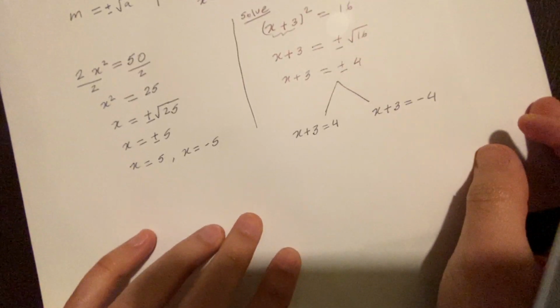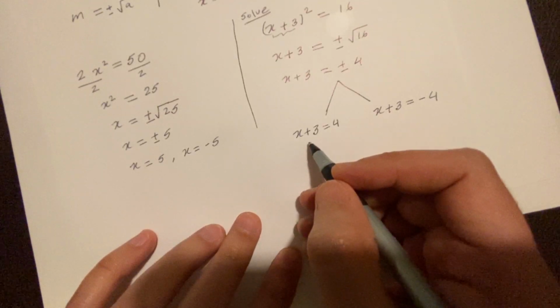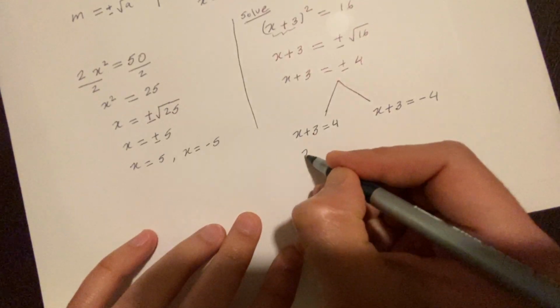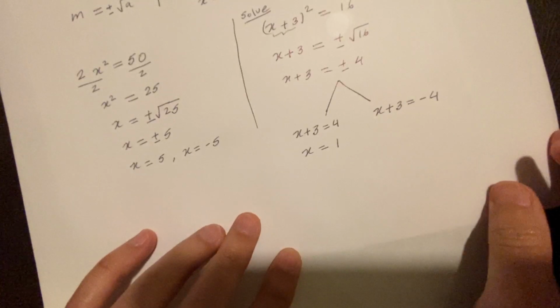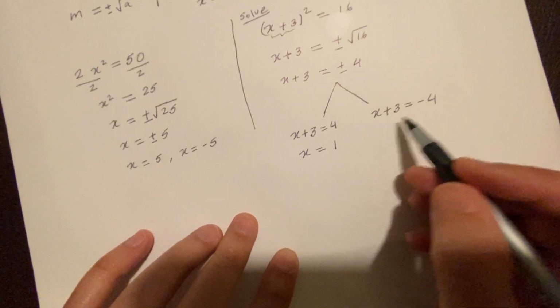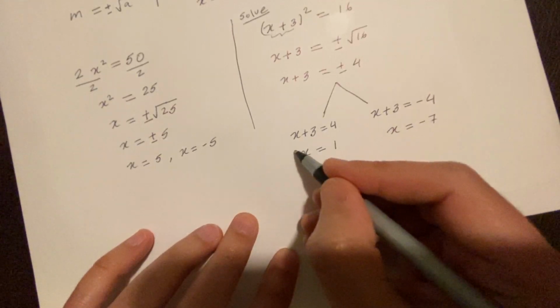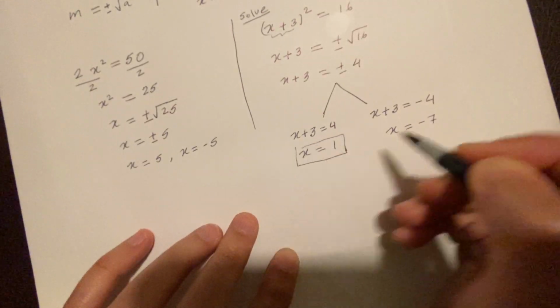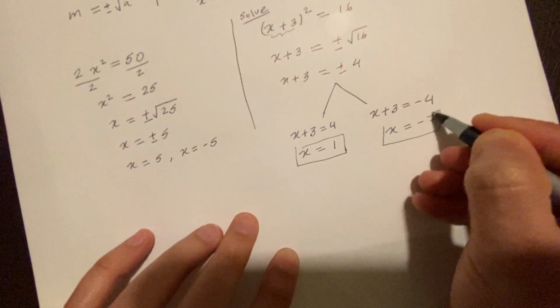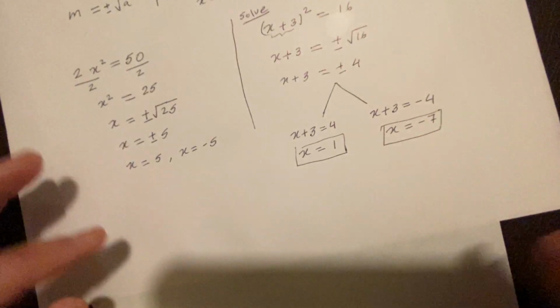Then from here, when you subtract 3 on both sides, x equals positive 1. When you subtract 3 on both sides, x equals negative 7. So in this case, we get two answers, just like we got here.